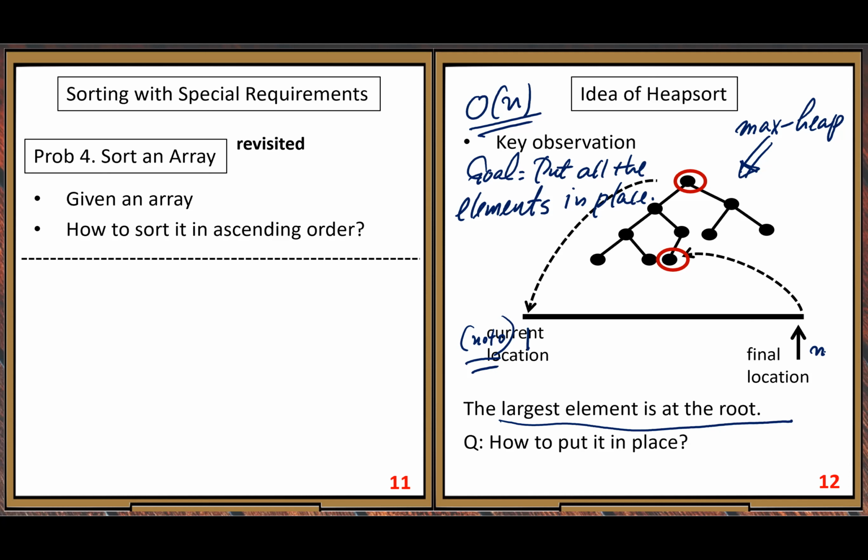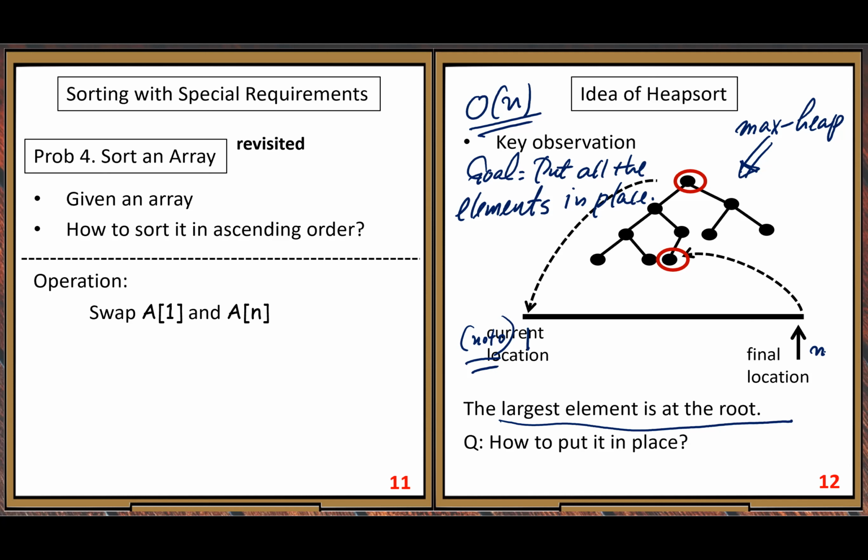So you can see we need to swap the first node and the last node. That's all we need to do. So let's look at the operation: swap A of 1 and A of n, the first step.